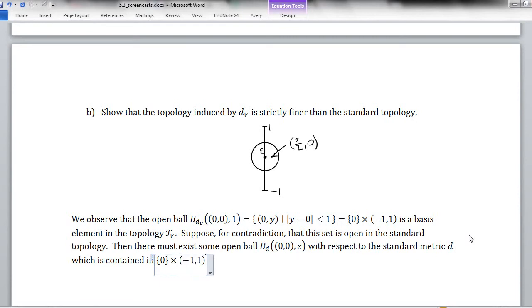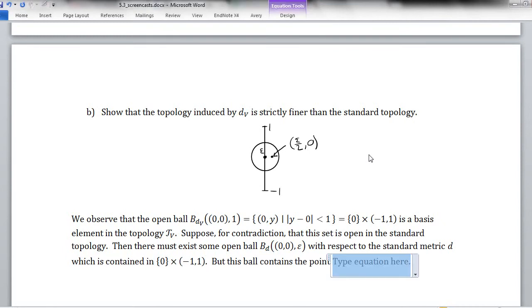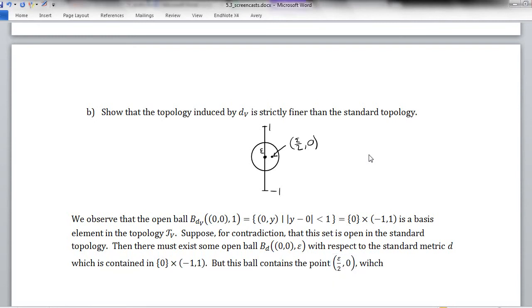All right, but I mean, look at the picture. That ball contains a bunch of points that are not on the vertical axis, right? That have first coordinates that are not equal to 0. So in particular, this ball contains the point about (epsilon over 2, 0), which is not in the set 0 times (-1, 1).